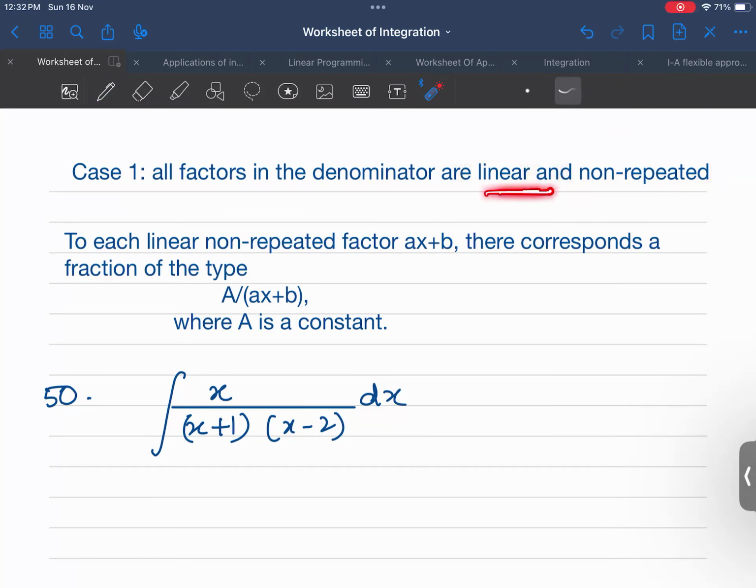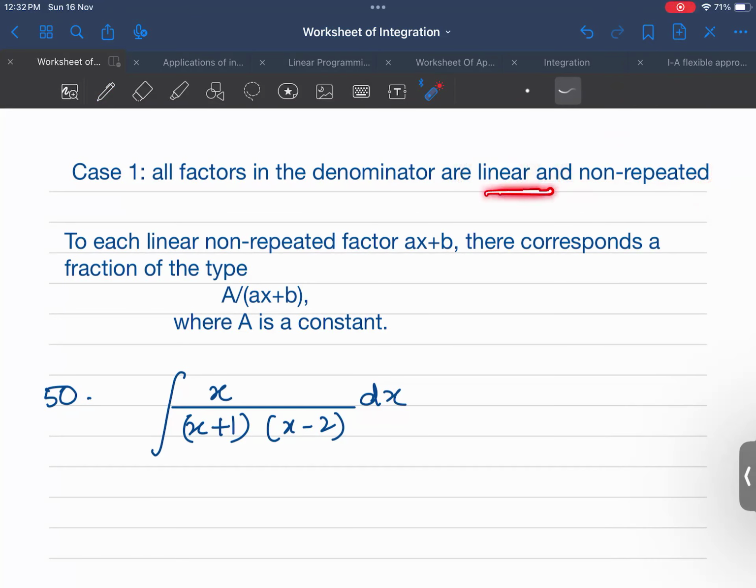Now the integration of x upon (x plus 1)(x minus 2) with respect to x equals the integral of 1 upon 3 upon x plus 1 plus 2 upon 3 upon x minus 2 dx. We have to integrate it.